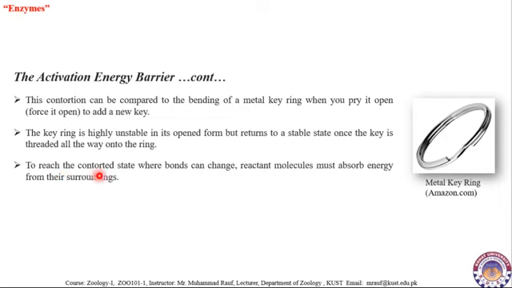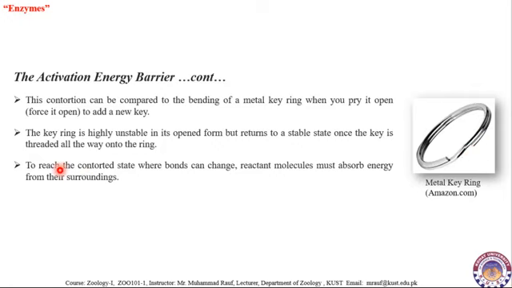To reach the contorted state where bonds can change, reactant molecules must absorb energy from their surroundings. Just like when you pry it open, you provide energy, and then when you introduce a key, it's a kind of a reaction which is completed.